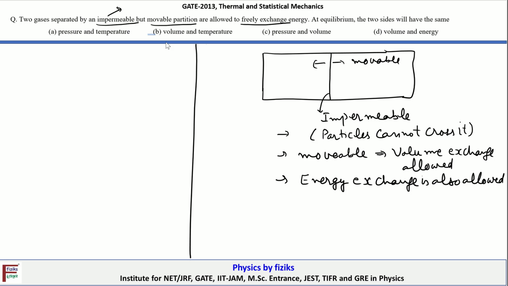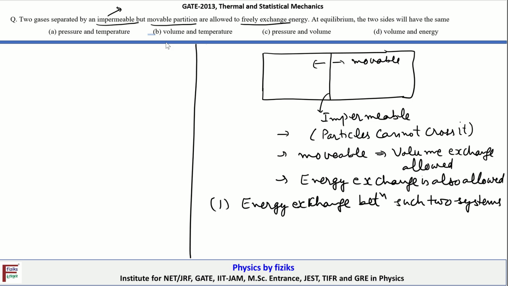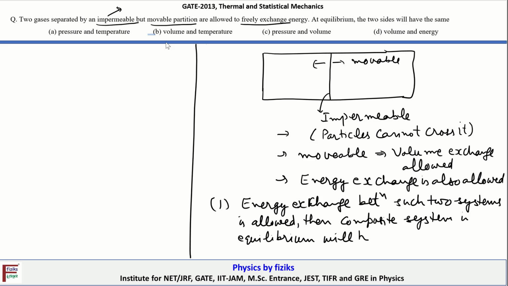When we talk about such a system, if energy exchange between such two systems is allowed, then the composite system in equilibrium will have a common temperature.